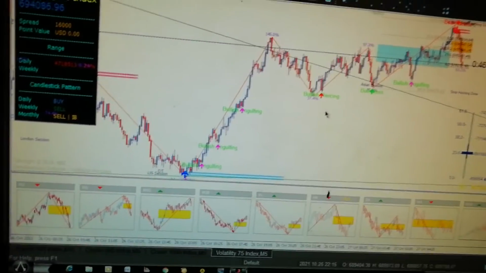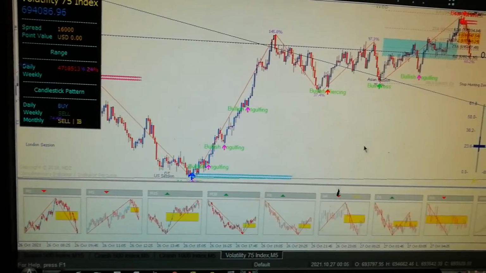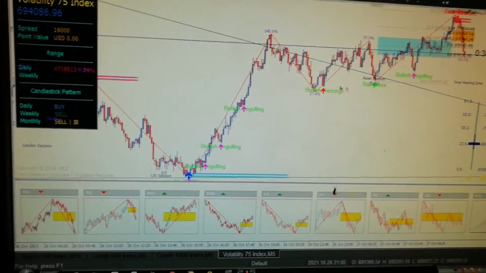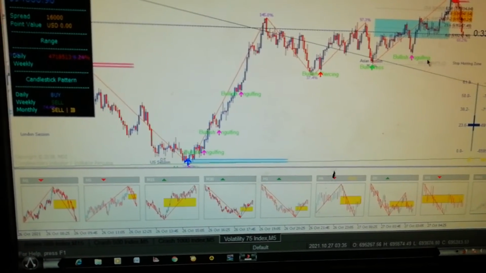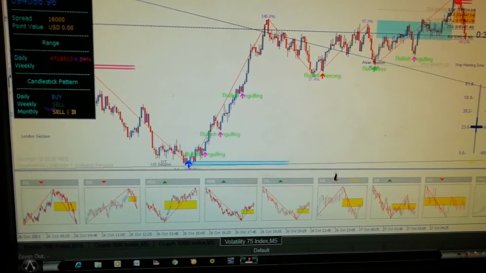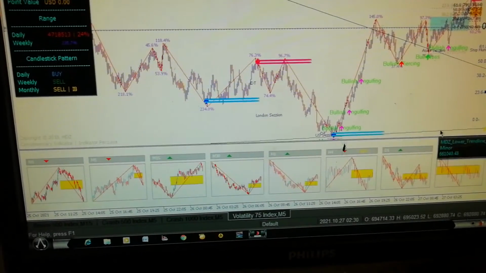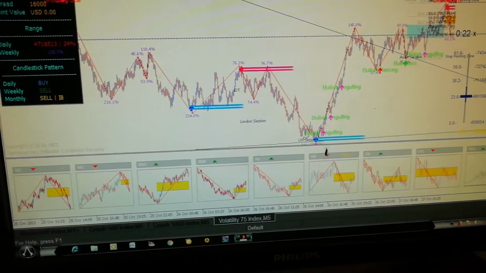So the system has this dashboard and this MDZ. This is a price action indicator which draws these trend lines automatically. As you can see, this trend line. Let me zoom out and show you the other ones, and these ones. This is a trend line also, and this one is a trend line also.